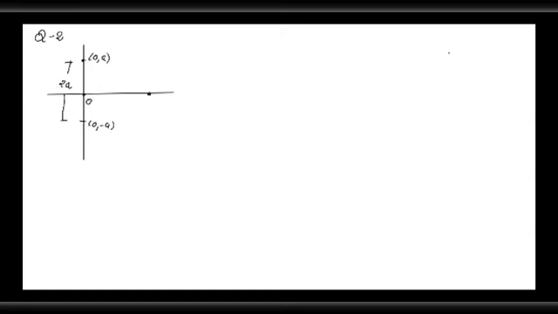Let us assume that the third vertex lies on the x-axis. The reason for that I will explain to you. See, as it is said that the midpoint lies on the origin, this will be the altitude of the triangle and also the median.